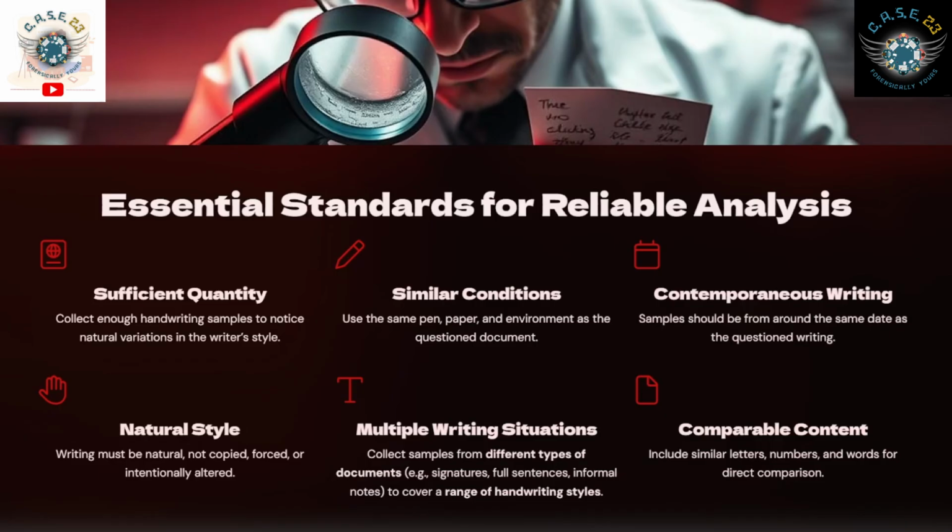Let me give you an easy example. If the suspicious document contains the word banana, the exemplar should ideally include the word or at least the same letters so a direct comparison is possible. So when the standards are followed, the analysis becomes more reliable and can stand up to scrutiny, especially in court.